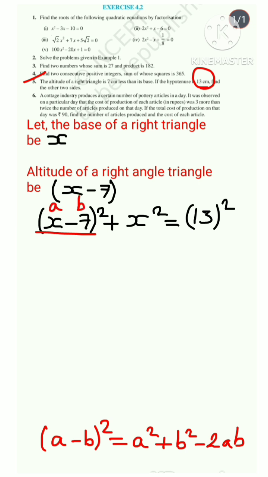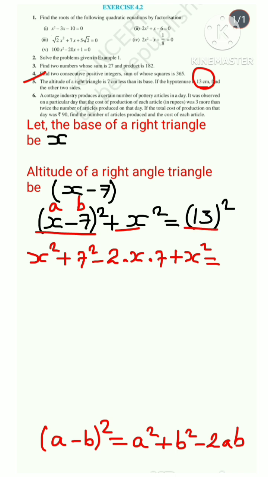Now we can expand like this: x square plus 7 square minus 2 into x into 7, and this plus x square as it is, and here square of 13 will be 169.